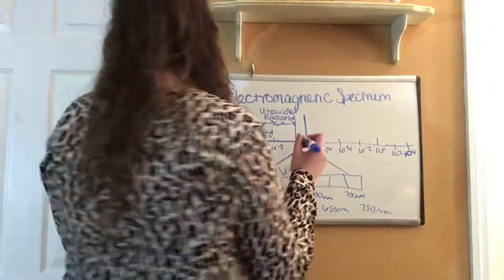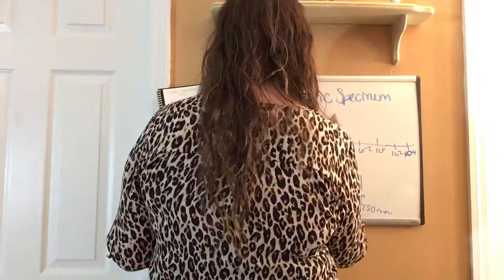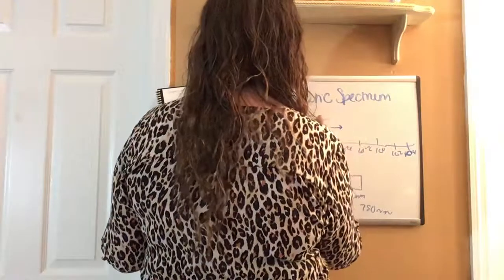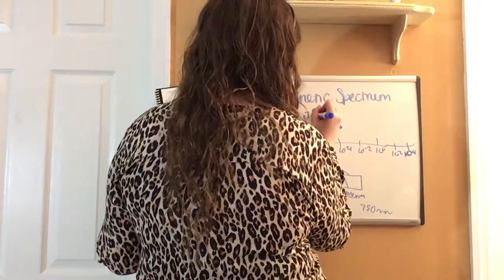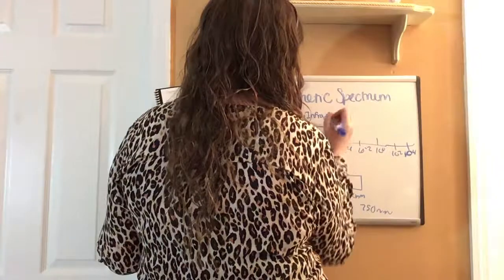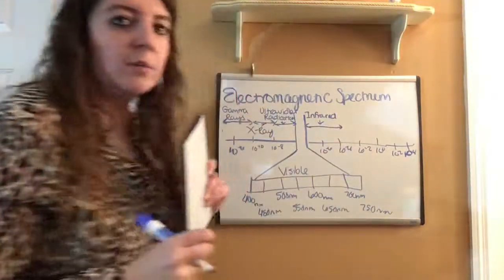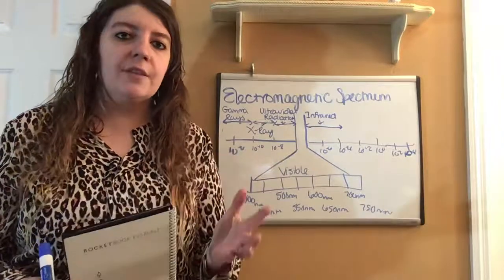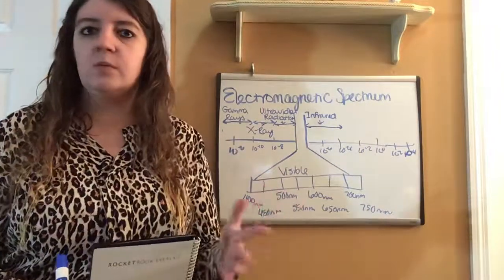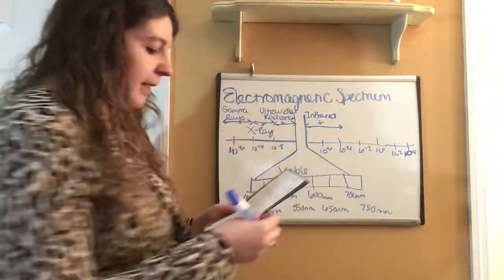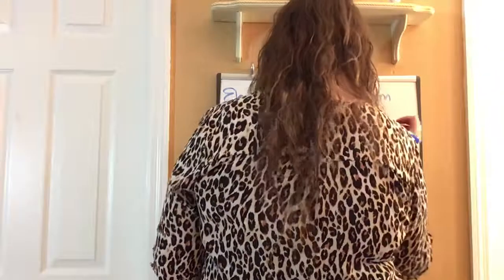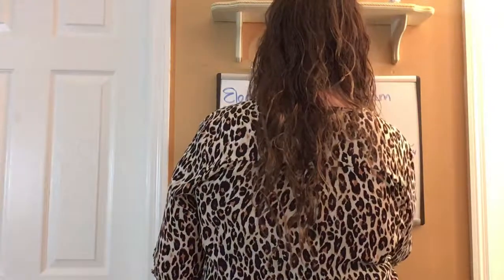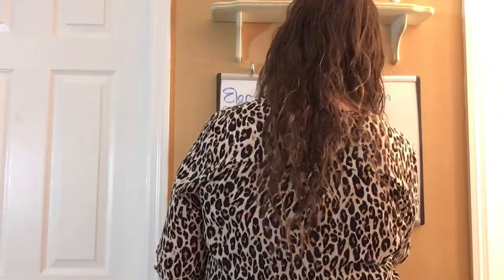The next part, if we go from here to here, this is going to be the infrared. Okay? And this is kind of important to spectroscopy. So a lot of spectrometers that detect things and measure different quantities will use the infrared spectrum. The next is going to be the microwave. And this is what is used in your microwaves.